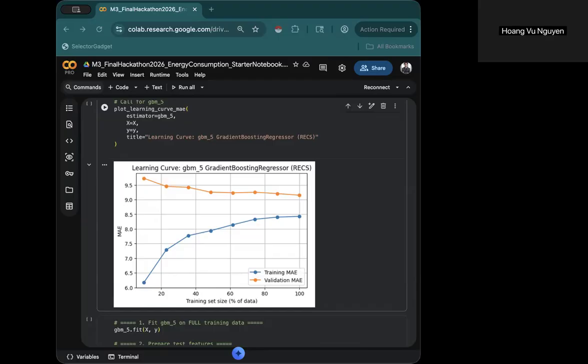Another key takeaway was the importance of cross-validation. Single train-test splits can mislead model selection decisions. Learning curves were essential in diagnosing fit rather than relying on leaderboard performance. Leaderboard MAE alone does not reveal whether a model generalizes properly.